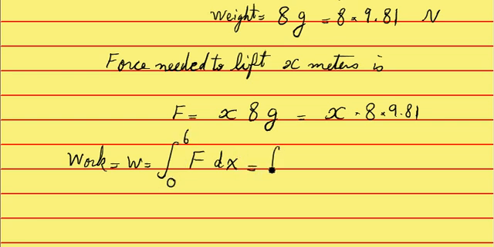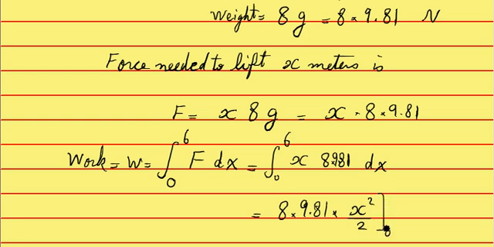So I have 0 to 6 of x, then a couple of constant numbers, 8 times, excuse me, 9.81, dx. These are just constants. This is the density, that's my g. Antiderivative of x is x squared over 2 from 0 to 6.